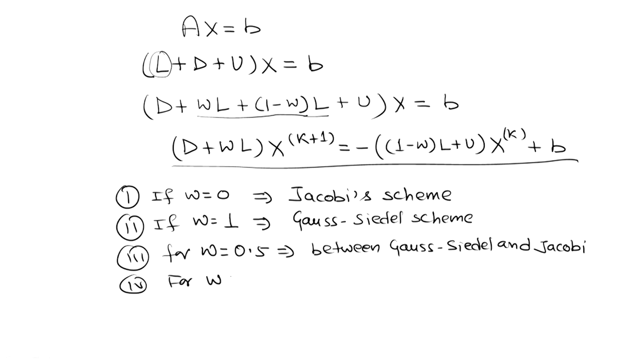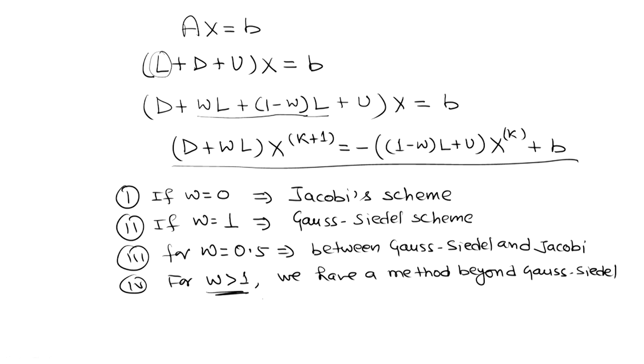For omega greater than 1, we have a method beyond Gauss-Seidel. In this way we have some sense of over relaxation, and for certain problems it turns out to be a highly effective method.